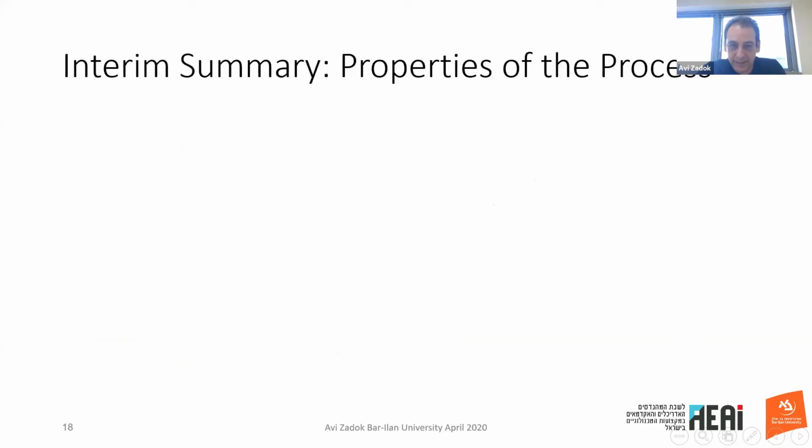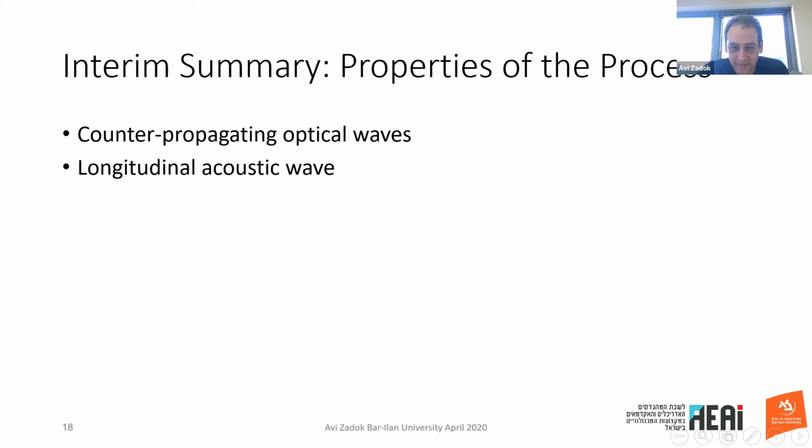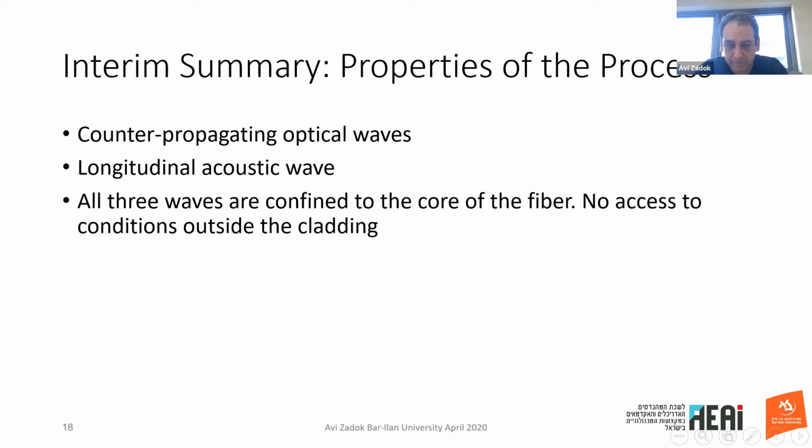So a bit of an interim summary, maybe one third of the way into this presentation. What do we know about the process? It is driven by two counter-propagating optical waves, one in the positive z direction, one in the negative z direction. It is generating acoustic waves that are longitudinal. They themselves propagate along the axis of the fiber.